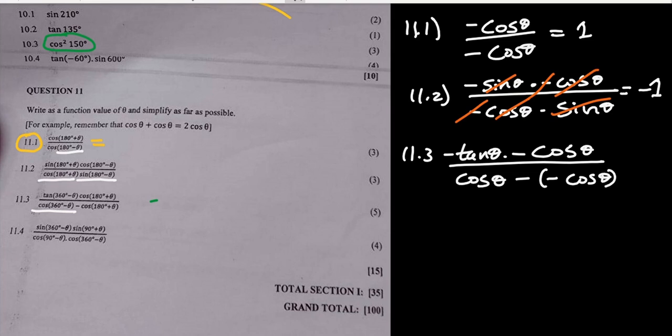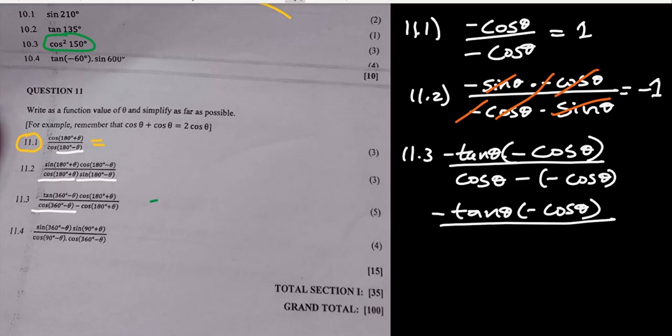Okay, so here you need to have your brackets. Because I put a dot there, it means multiply, but the brackets just makes it easier for everyone to see what's happening. So here you are going to have negative tan theta, negative cos theta. I want to deal with the bottom one first.